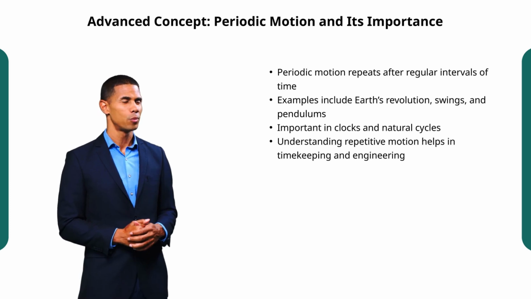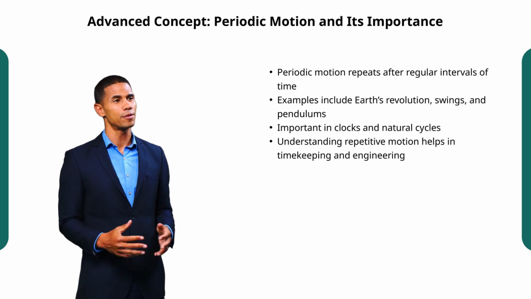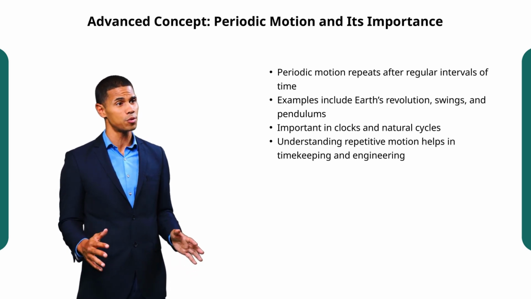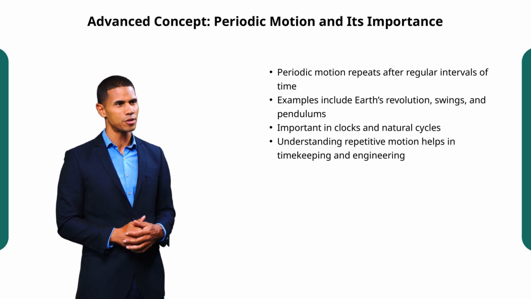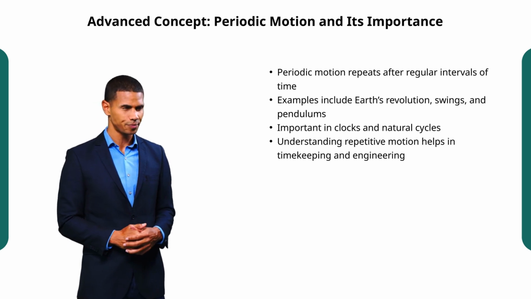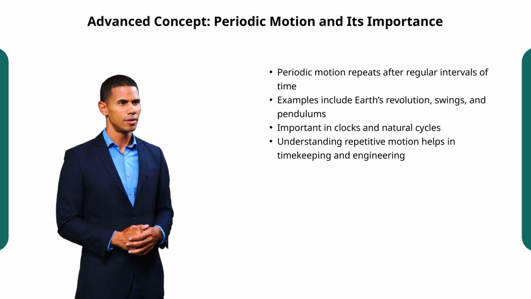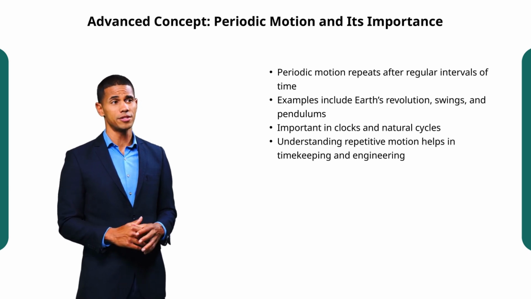Let's move towards a more advanced understanding. Periodic motion. This is a type of motion that repeats itself after equal intervals of time. Think about a swing in your park moving back and forth, or the pendulum in a grandfather clock ticking steadily. Earth's journey around the sun is a grand example.